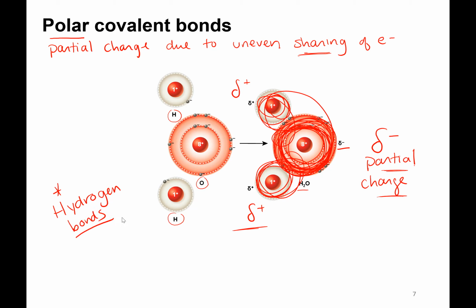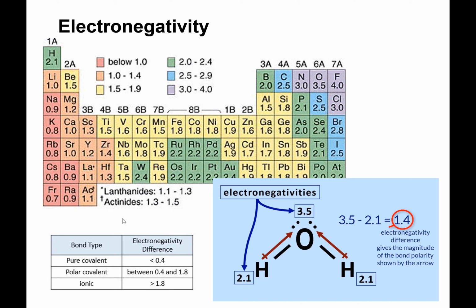So let's talk about this concept of electronegativity. Electronegativity is just a value of electron attraction to that atomic nucleus. So the greater the number, like over here, the stronger or the tighter that atom is going to hold on to the electrons.